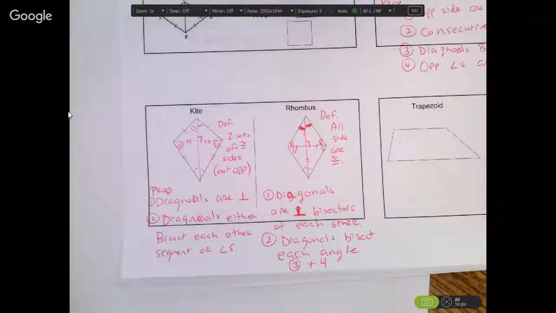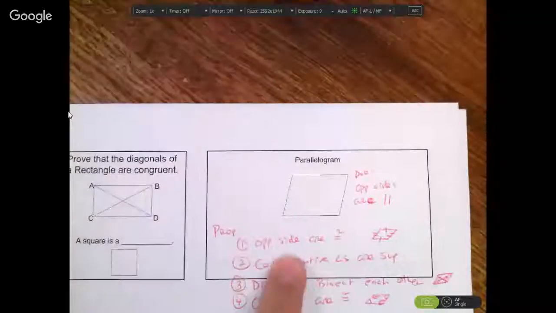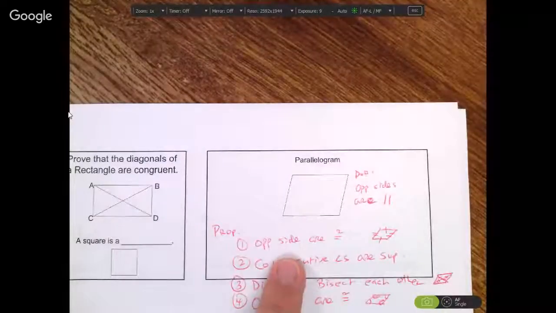I can say it's got opposite sides congruent. I can say consecutive angles are supplementary, diagonals bisect each other, and opposite angles are congruent. All rhombuses are parallelograms, because anything with opposite sides congruent is a parallelogram.